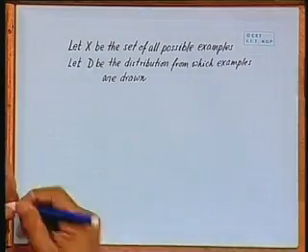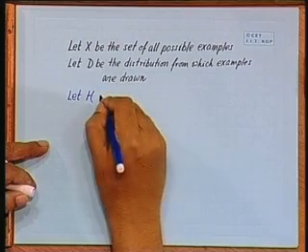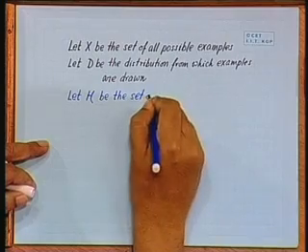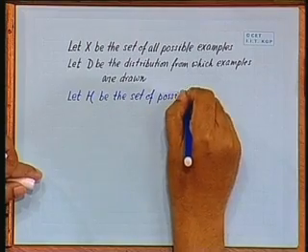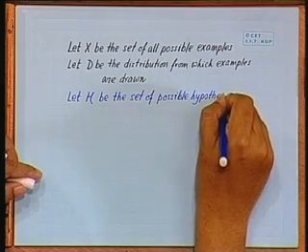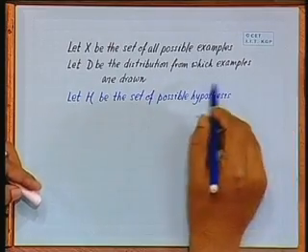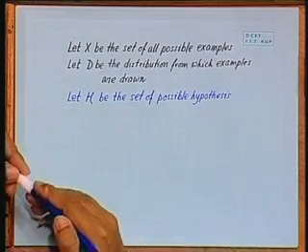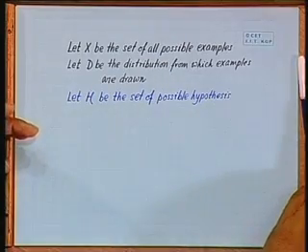I will come back to this later. Let H be the set of possible hypotheses. This means that this is the set of all possible decision trees that you can construct out of the set of examples.